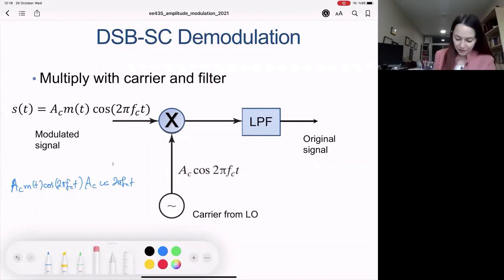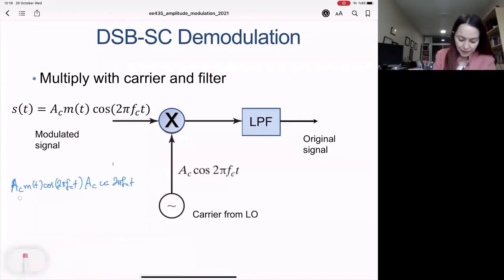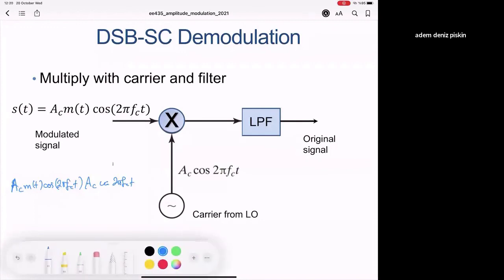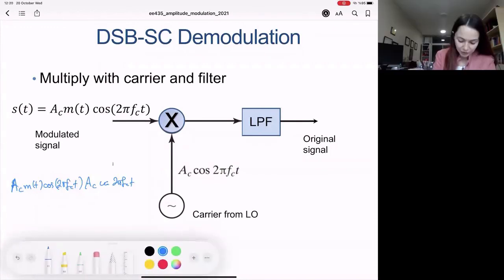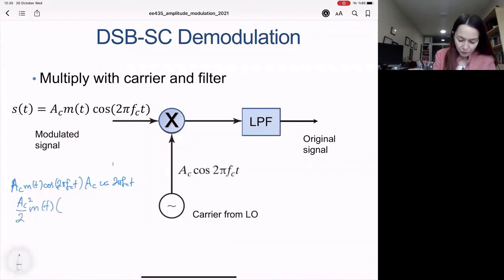Very nice. So we have done AC. I cannot write with the eraser. Please don't give me the eraser. So you said 1 plus cosine 4 pi FCT, right, over 2.